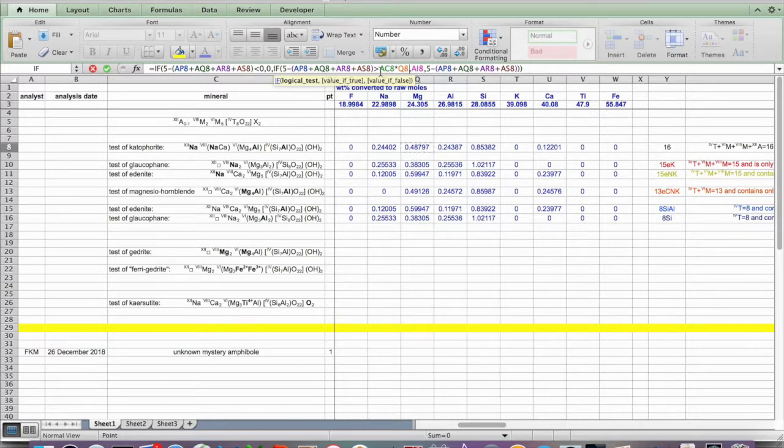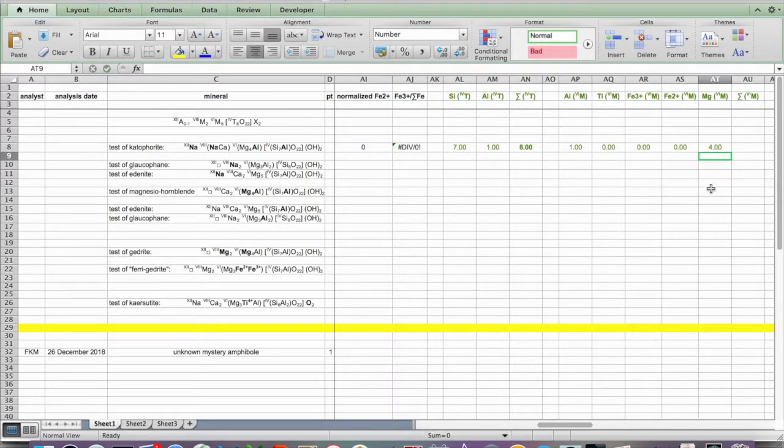This normalization factor times the magnesium number also has to go in this place as well. So now this equation has been converted from the iron 2 version to the magnesium version.